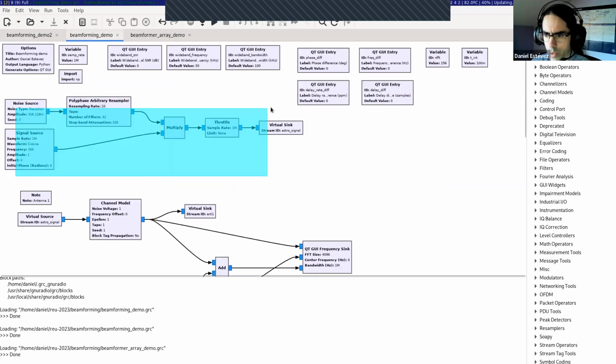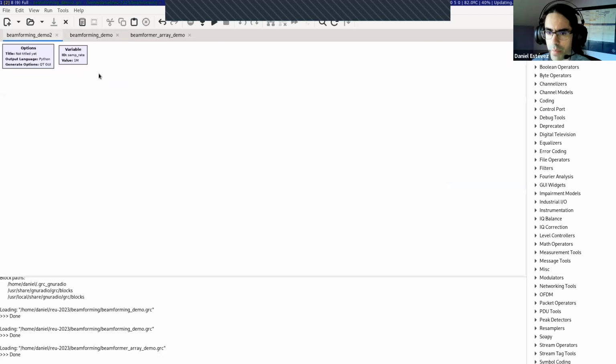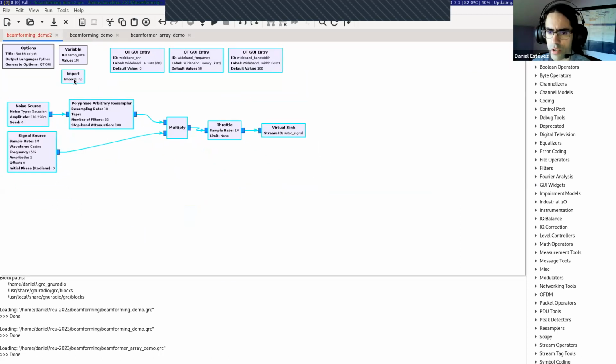So the first thing, I'm going to copy and paste all of this because it has already appeared in one of the first tutorials. So what is this? This is the generation of a wideband signal. So it's a noise signal which is occupying a bandwidth of 1 kilohertz, and we can change that with a GUI parameter. And it has a center frequency at 50 kilohertz. We can also change that, and we can change the SNR.